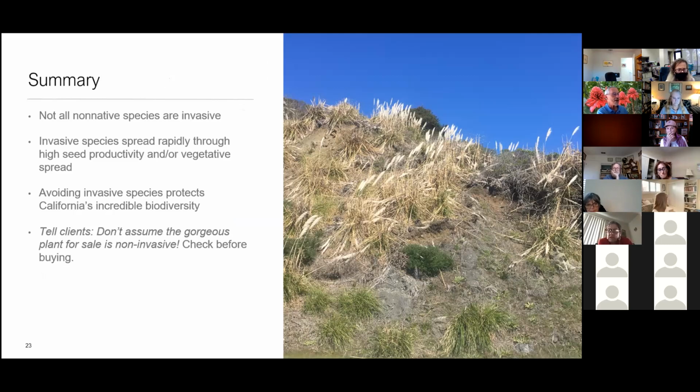Not all non-native species are invasive. Here, there's a picture on the right of an example of jubata grass. People have heard of pampas grass, this is related. They're actually two separate species, and jubata grass is the more common one on the coastal scrub. This is along the ocean mountains, the coastal scrub.